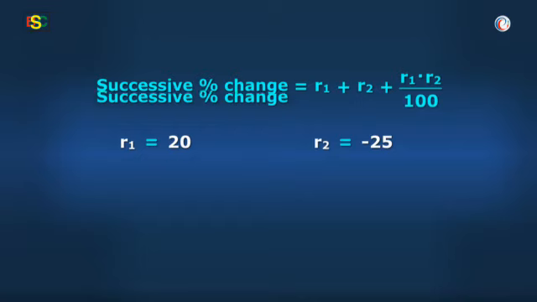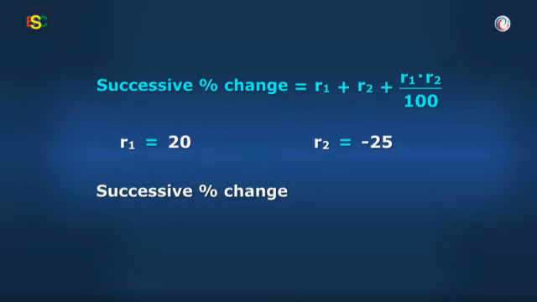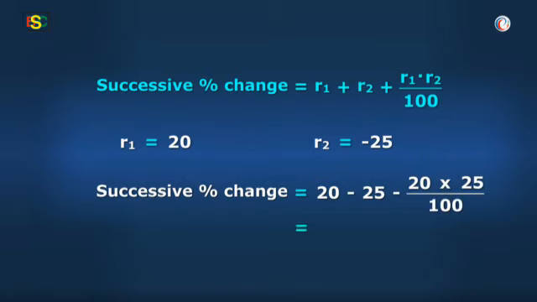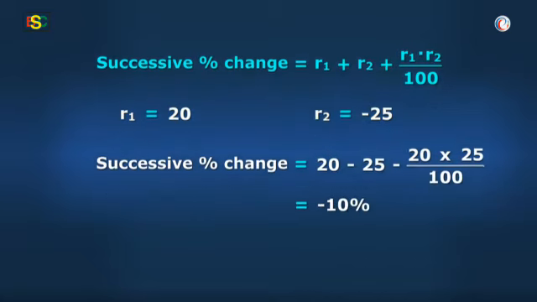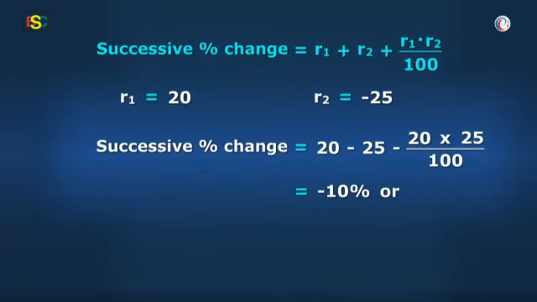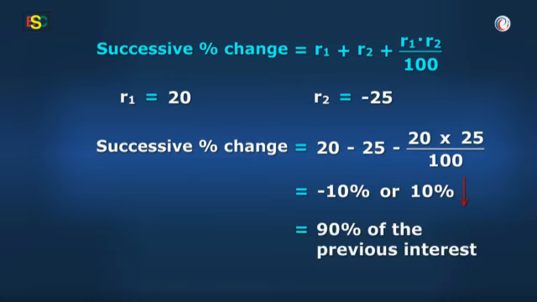So the successive percentage change will be 20 minus 25 minus 20 into 25 upon 100, which is equal to minus 10%. And you know, 10% decrease means 90% of the previous interest.